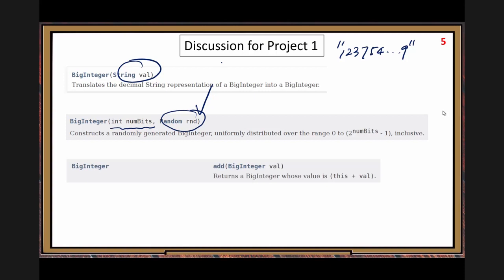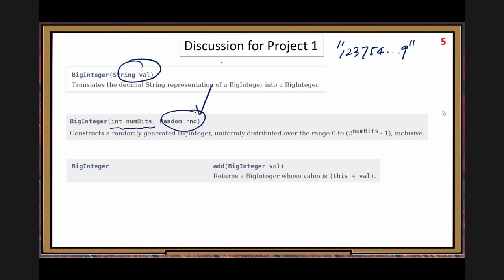After that, we apply certain operations. Here, add: how to add two big integers based on the string storage representation. This class takes care of that, so we don't need to know that.